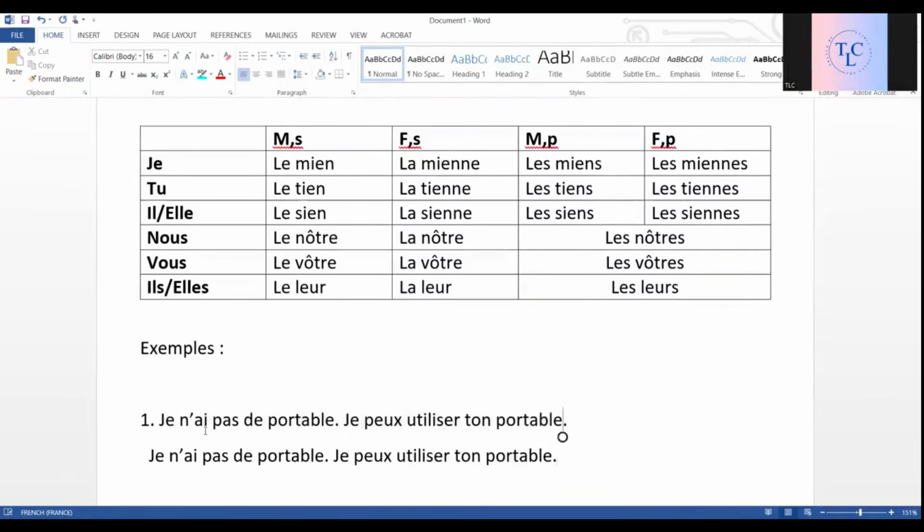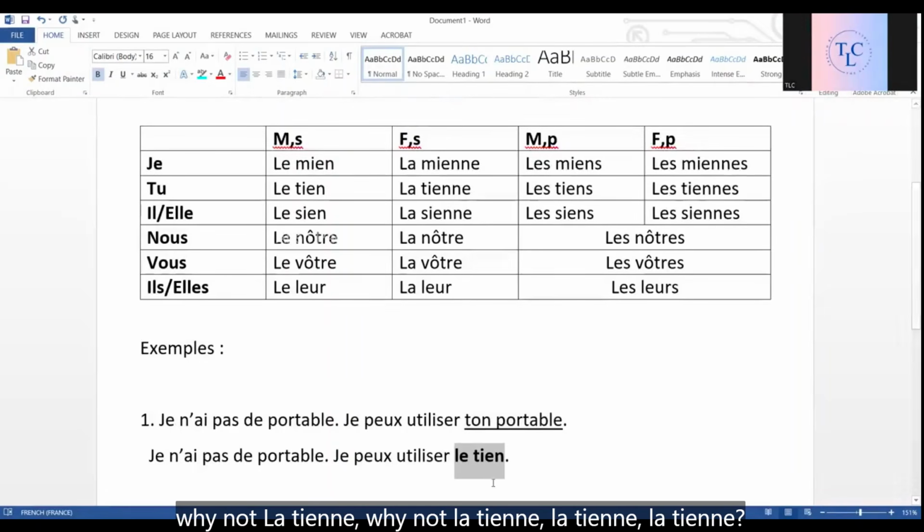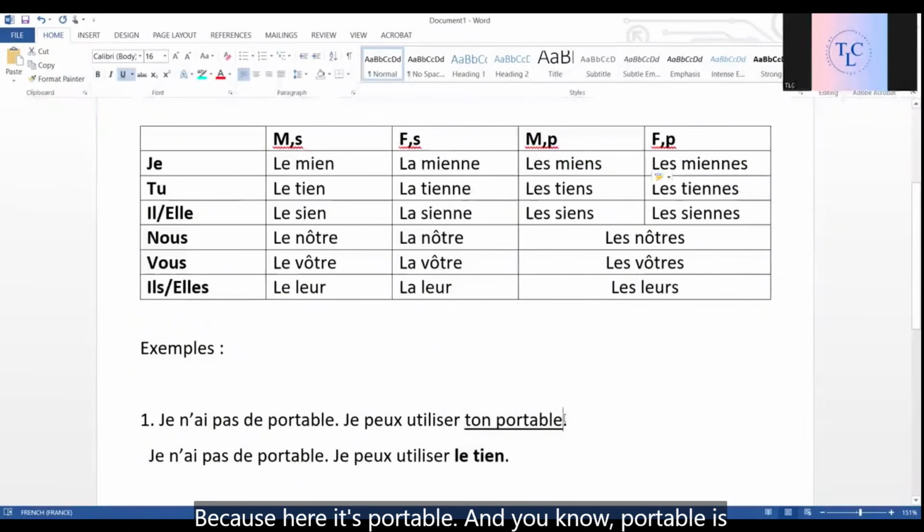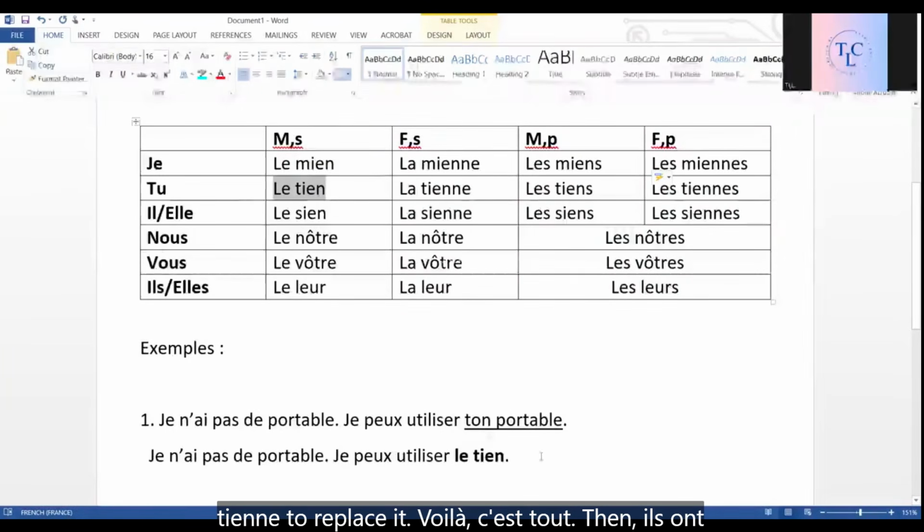Ton portable, remplacé par le tien. Why le tien? Why not la tienne, les tiens, les tiennes? Because here it's portable, and you know portable is masculine. It ends in e, but it's an exception. So portable is masculine and it's being replaced. So we'll use le tien to replace it.